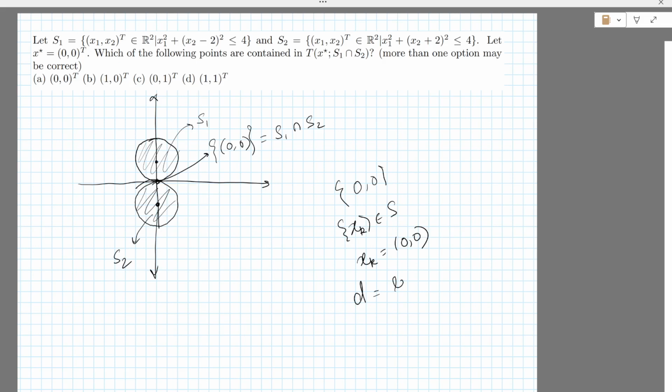So your d, which is the limit as k tends to infinity of (xk minus x star) upon tau k, will be 0 only, because xk is 0 comma 0 and x star is also 0 comma 0 and tau k is some positive scalar. So this will be x.